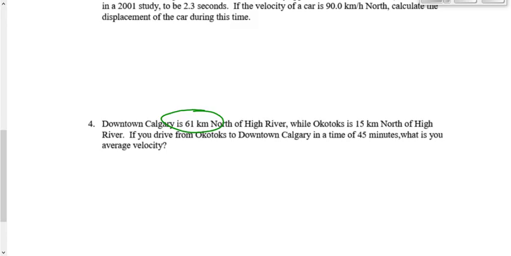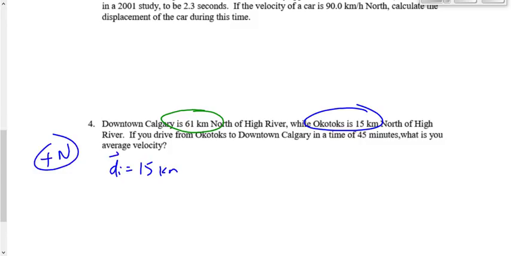That's where Calgary is. That's position. So we're going to say my initial position, sorry, Okotoks, that's a position as well. My initial position is 15 kilometers. We'll make north positive. My initial position is 15 kilometers to the north of High River. I start in Okotoks, right? I'm driving to Calgary.